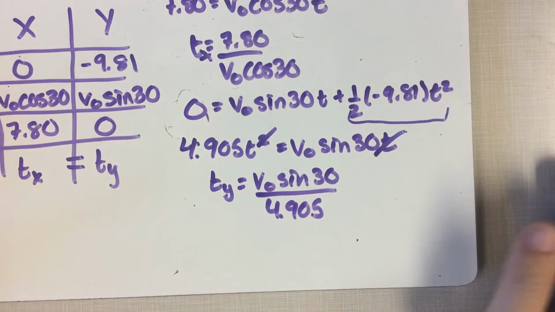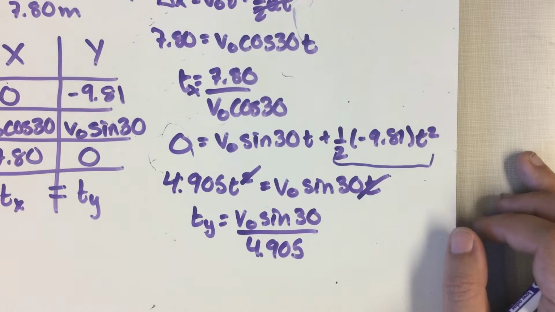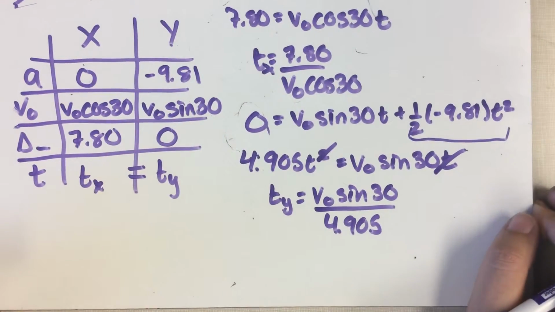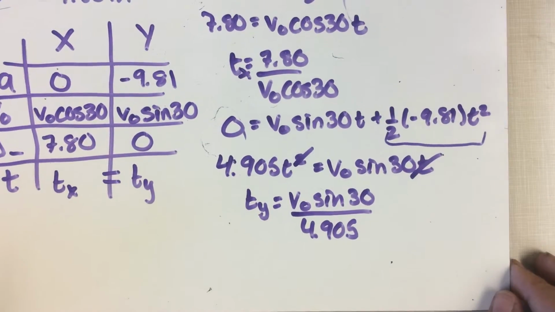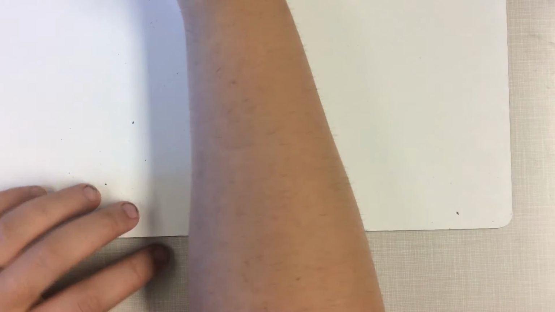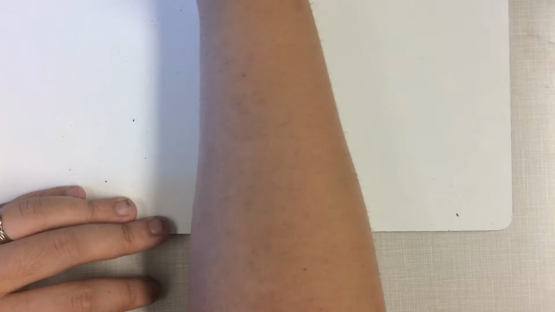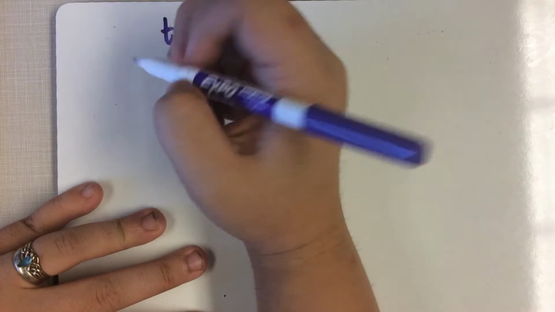So now that I have my two expressions for t, tx and ty, I know that they are equal because the time to go up and down is the same as the time to go horizontally. So I can set them equal and then solve for v naught. So I have tx equals ty.